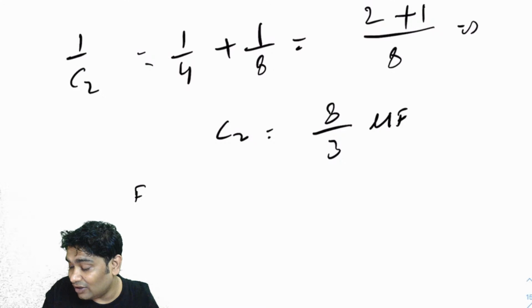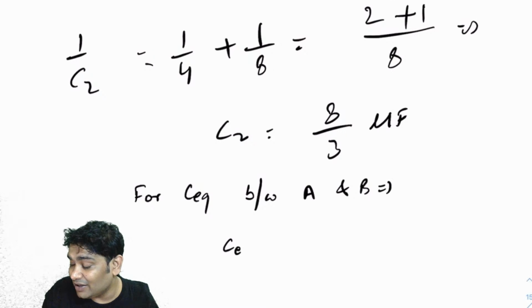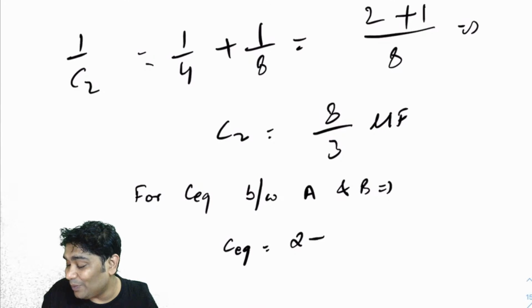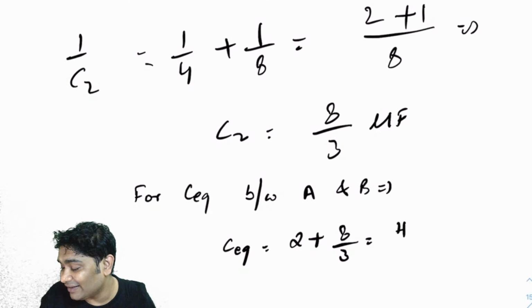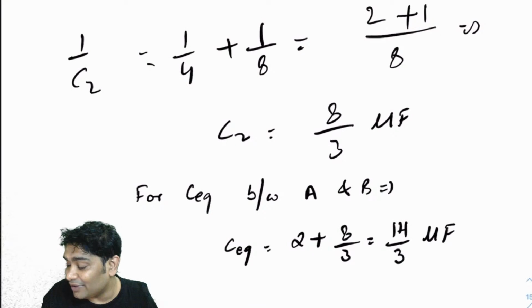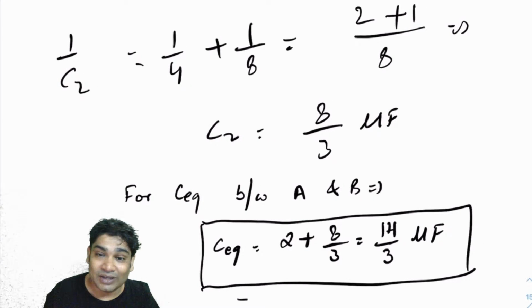So for C equivalent between A and B, C equivalent would be 2 plus 8 by 3, that is 14 by 3 microfarad. So absolutely well done, Mahendra. You got the correct answer.